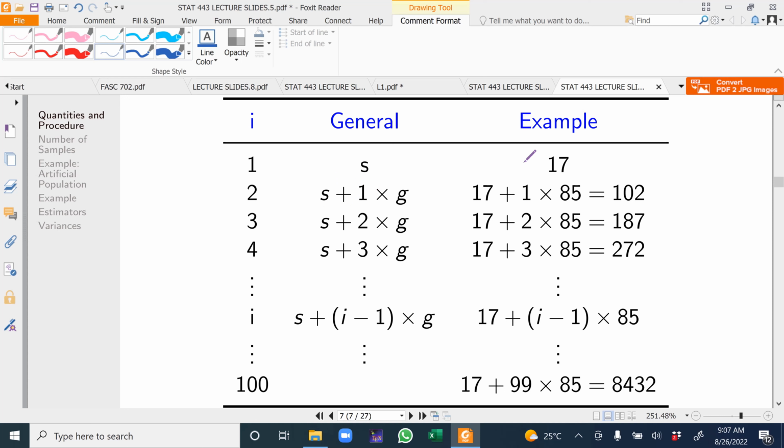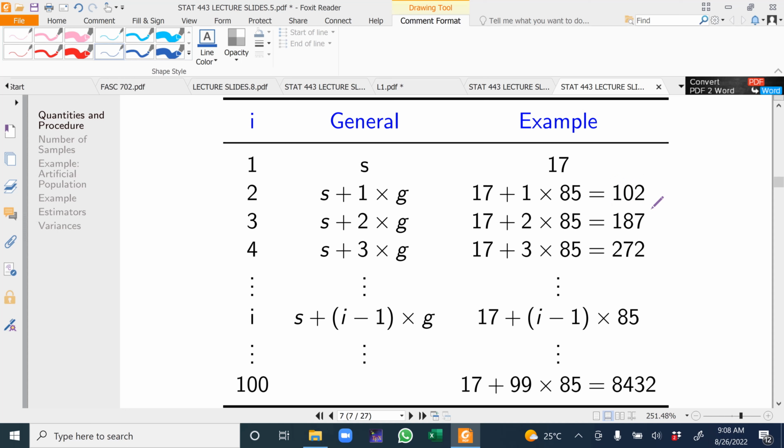The second unit will be determined in this manner. So after the 17, the first unit is 17, and our jump is 85. So the next unit that we are going to pick is going to be after 85 units, which is 102. The second unit will be the 102 unit in the population.